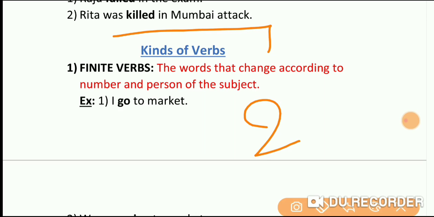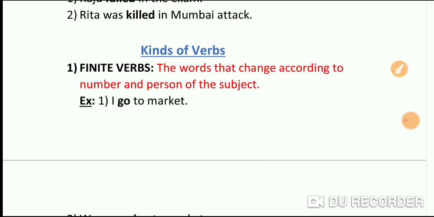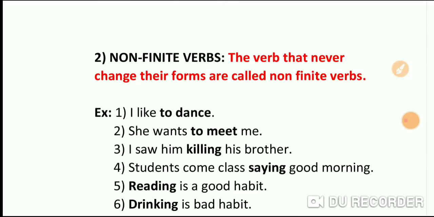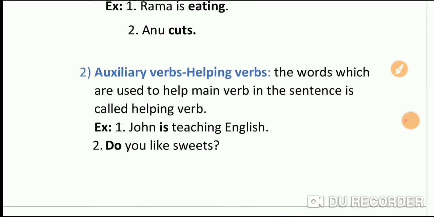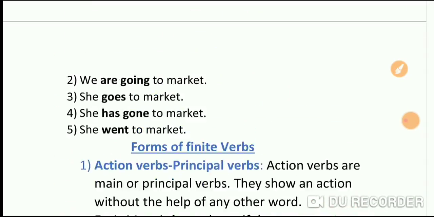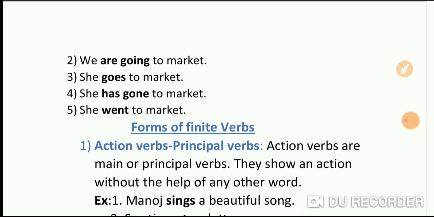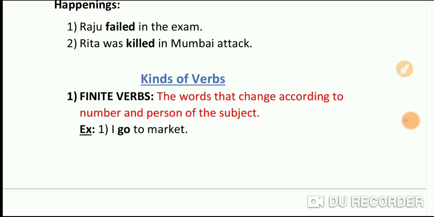First one is finite verbs, and the second one is non-finite verbs. But let us see the first one now. There are only 2 kinds. First one is finite and the second one is non-finite.